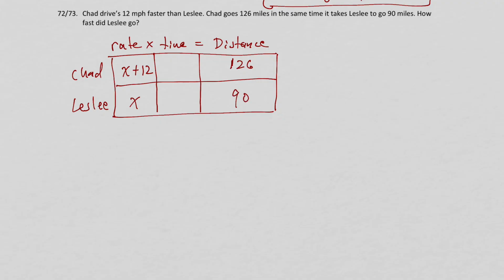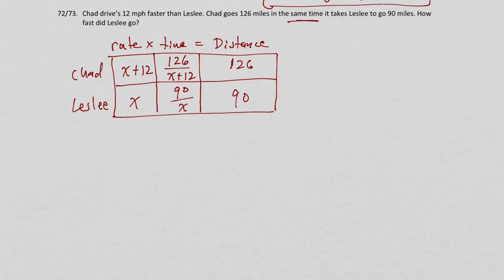Well, if I'm given the outside two boxes, and I know that this times this is equal to this, we make a fraction here where this is the product divided by the other factor. Now when I multiply, these cancel and I get 126. So same thing here. It'll be 90 over x. The key to this problem is that it happens in the same amount of time.